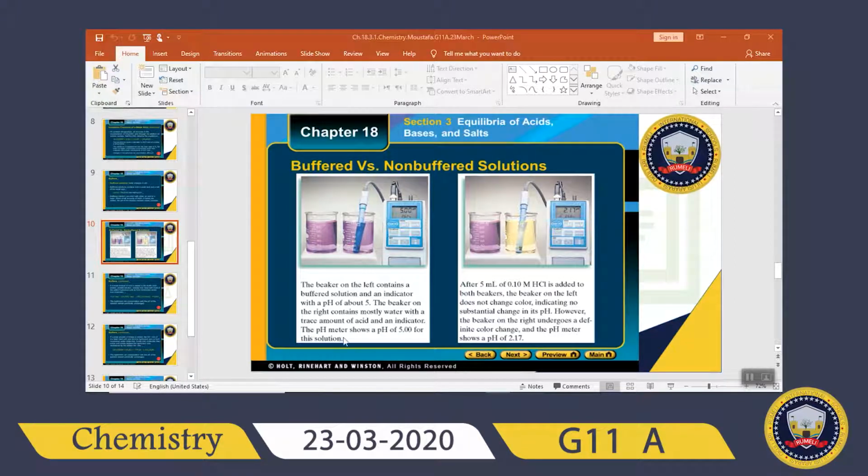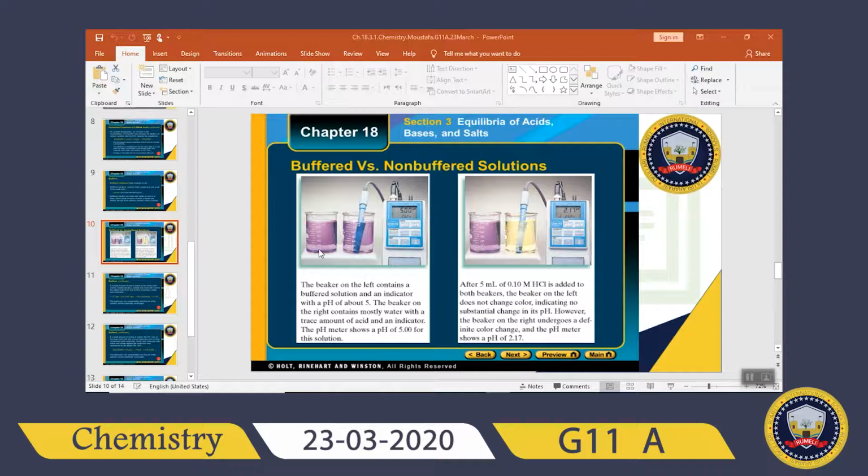The pH meter shows a pH of 5 for both of the two beaker solutions. So you have two solutions: one contains a buffer and the other does not contain a buffer.